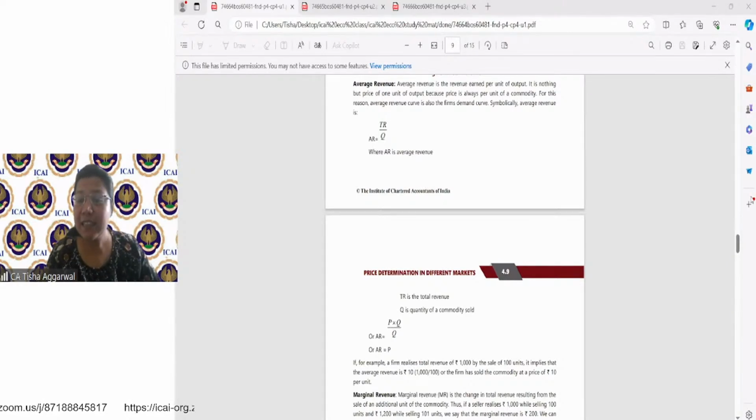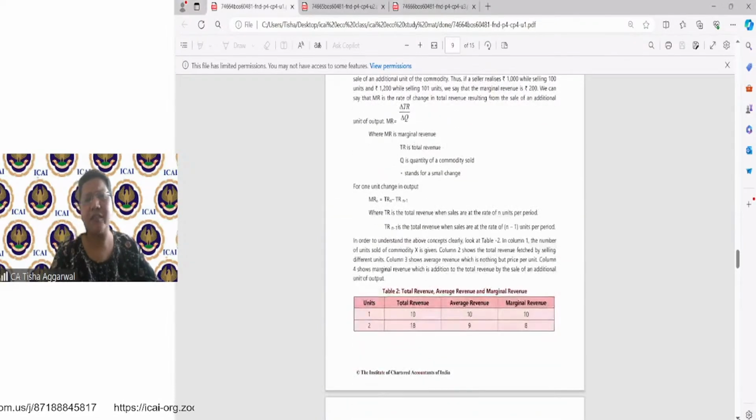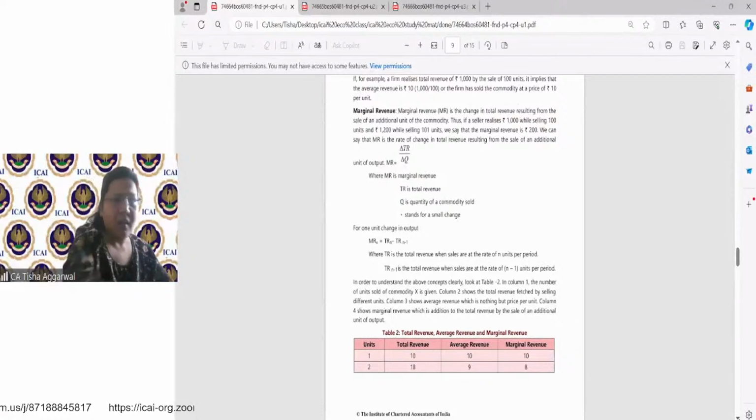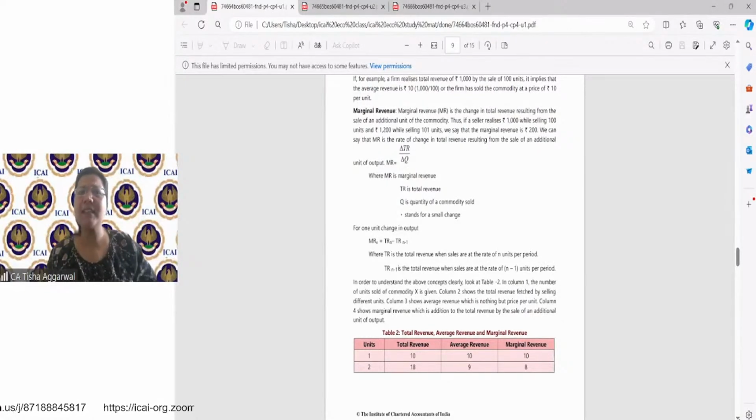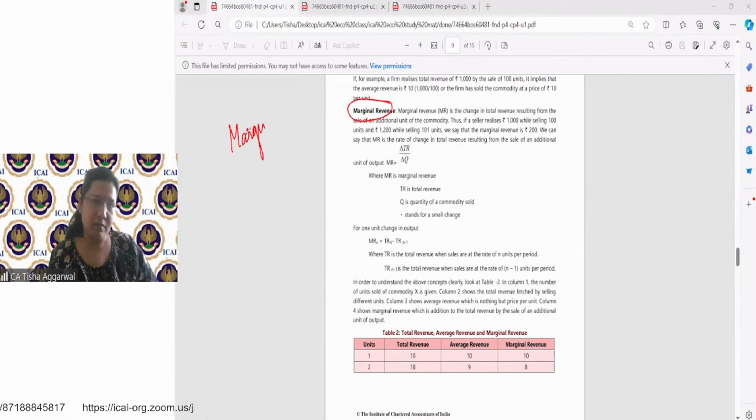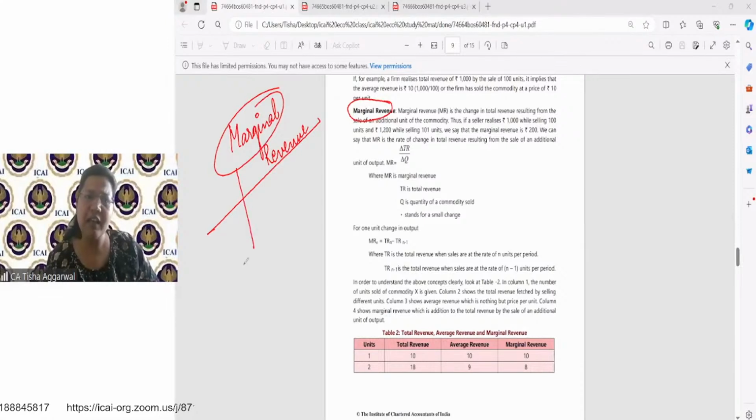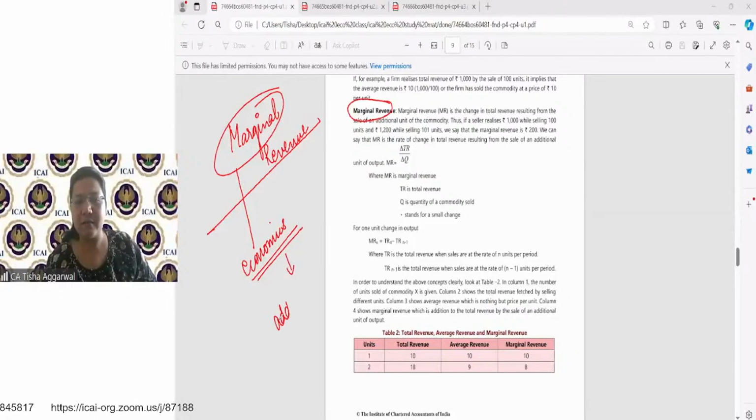Next, let's understand what is marginal revenue. A very simple concept. The word marginal in economics means additional.